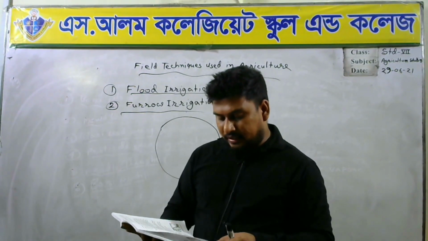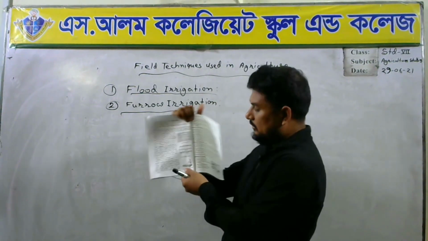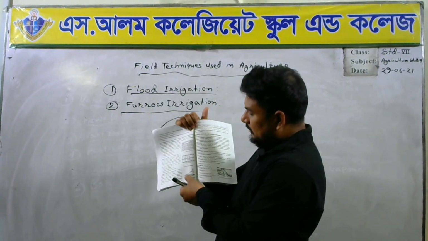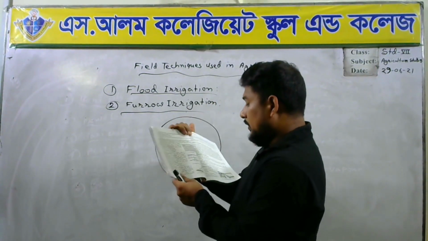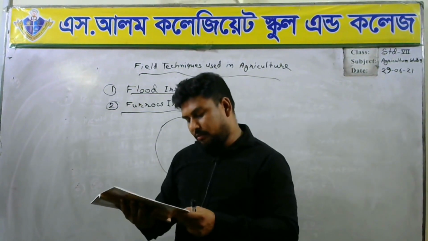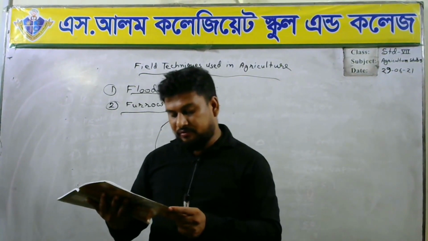And the last one is sprinkler irrigation. Look at the picture. A man is watering in the field. Sprinkling water similar to rainfall on the plants is done in this method of irrigation.